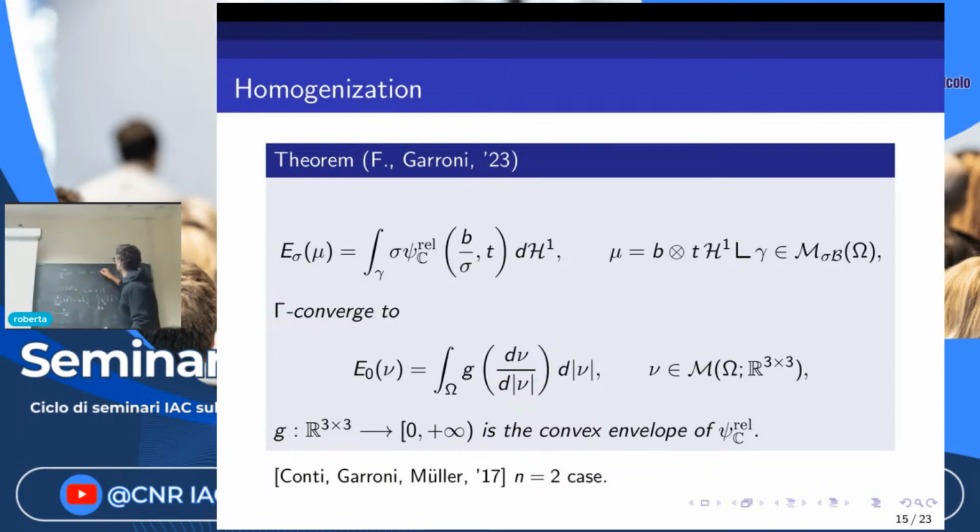Then G of A, because G is a function defined on matrices, is the spectral norm, involving the transpose and the trace. Is this the spectral norm?